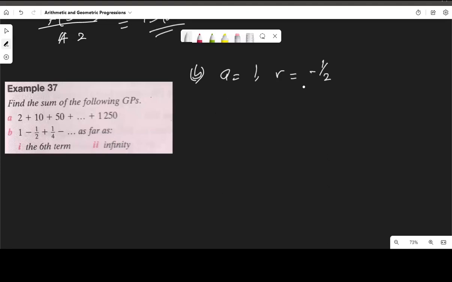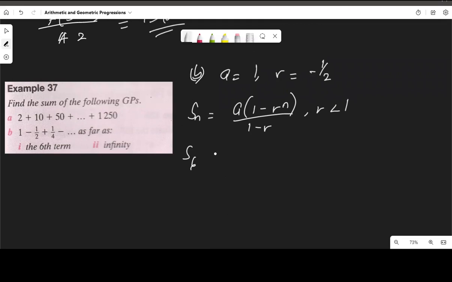So in this case, since R is less than 1, we are going to use the formula Sn equal to A bracket 1 minus R to the power of n over 1 minus R, because here R is less than 1. So sum to the system first, not sum to infinity.